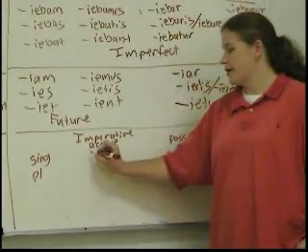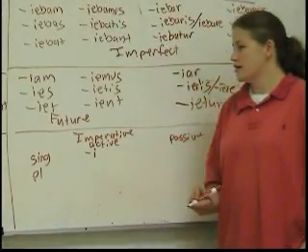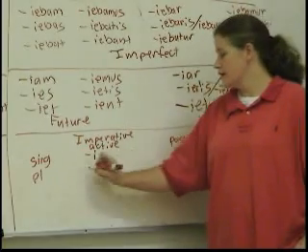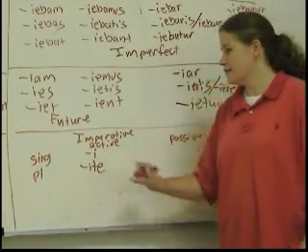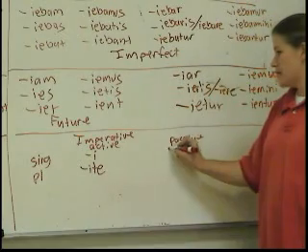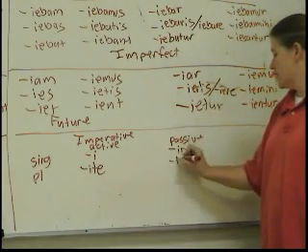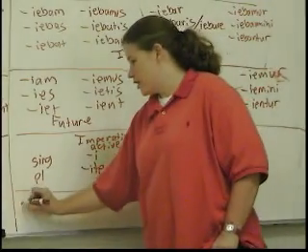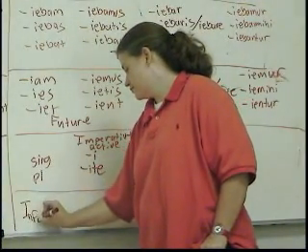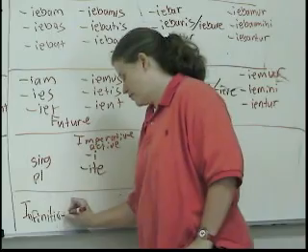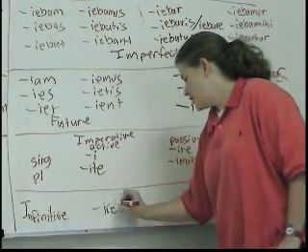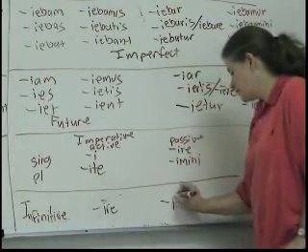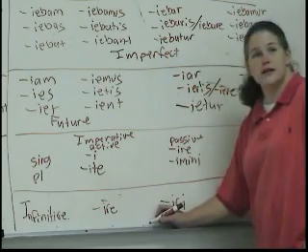Our singular imperative is the letter I as the ending, and then the plural is ite. And then in the passive, it's ire and imini. And then our infinitive is ire, and the passive infinitive is iri.